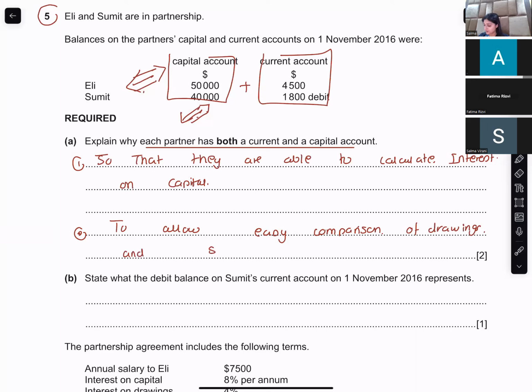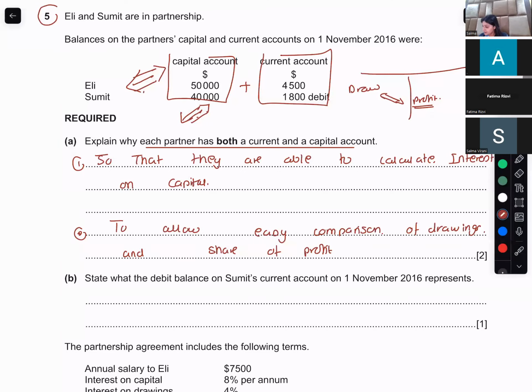Because the drawings would come in the current account, and the share of profit would come in the current account. So we know very clearly whether they are withdrawing more than the share of profit or less than the share of profit. So, to allow easy comparison of drawings and the share of profits. Are you with me?